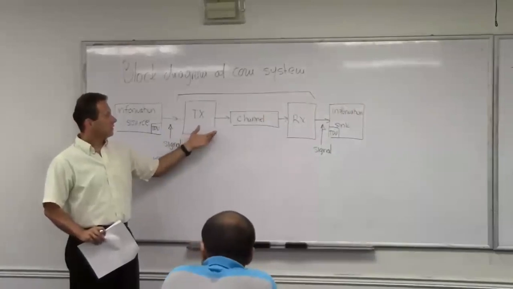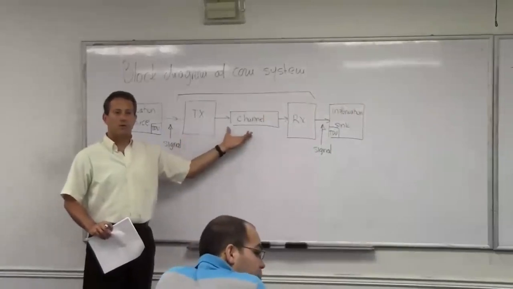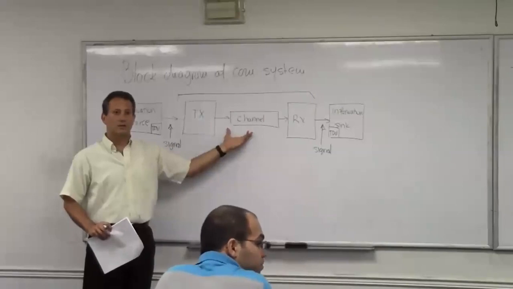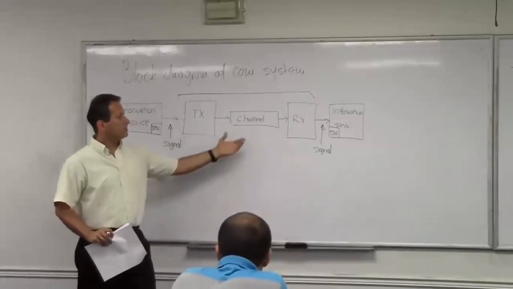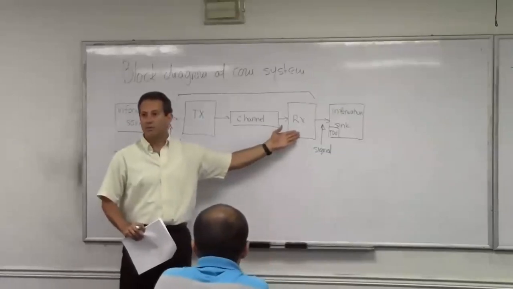You can see that a channel may be more or less complicated. It can distort the signal in many different ways, and the receiver is the one who needs to cope with it.